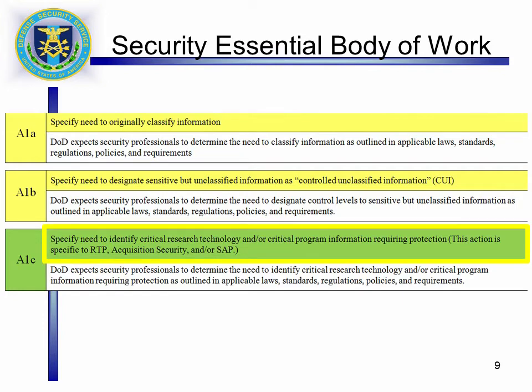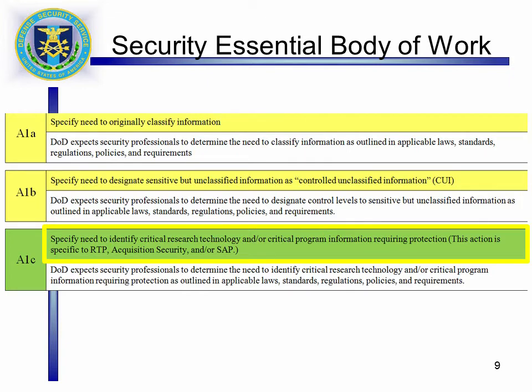Specify need to identify critical research technology and/or critical program information requiring protection. This is not an action that every security practitioner needs to be able to perform. Hence, it is being colored green. Now you will see that this and all green action codes identify which practice areas need to be responsible for this action.